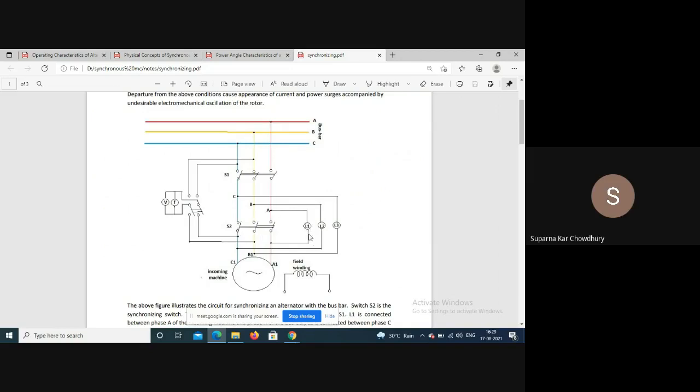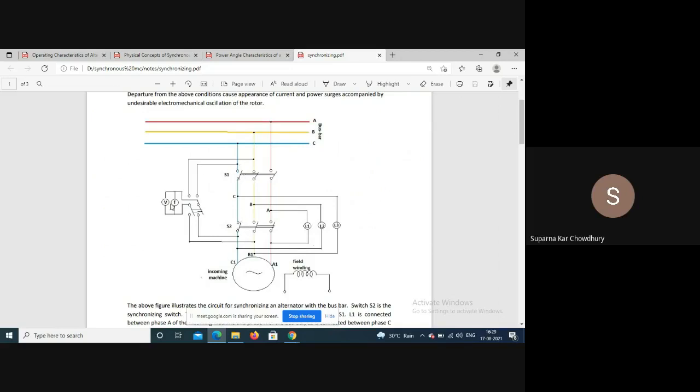Lamp 1 is connected between phase A of the bus bar and phase A of the machine. Lamp 2 is connected between phase B of the bus bar and phase C of the machine. And lamp 3 is connected between phase C of the bus bar and phase B of the machine. This is the field winding. So this is basically the synchronizing switch.